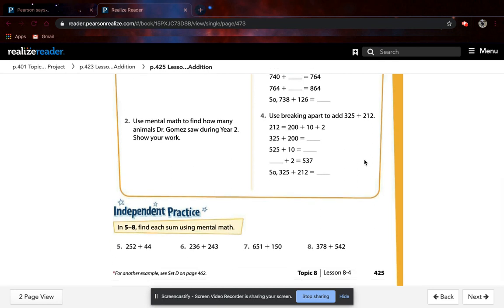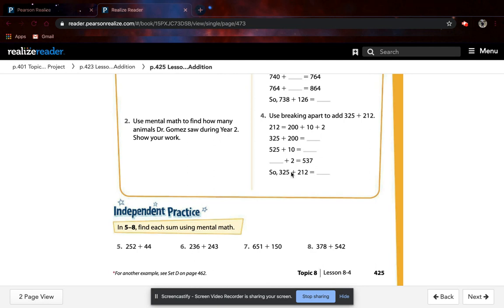For number 4, it says use breaking apart to add 325 plus 212. So they break apart 212 into 200 plus 10 plus 2. So 325 plus 200 will give you 525. 525 plus 10 gives you 535. So then you have to do 535 plus 2, which gives you 537.